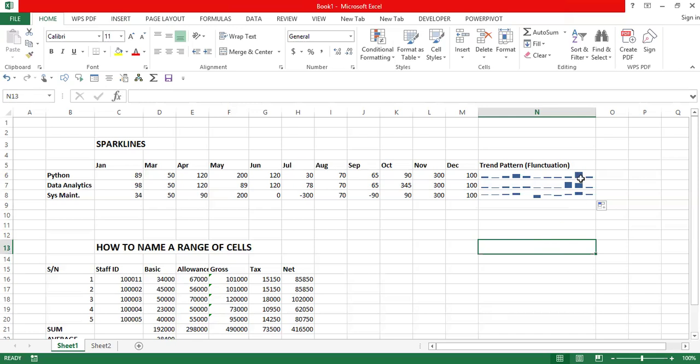So if you look here now, you can see that it was highest around the end of the year, November.